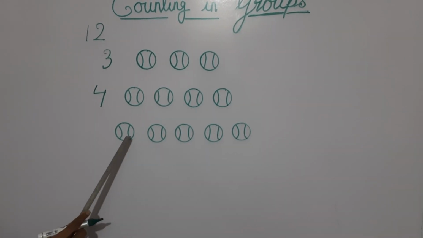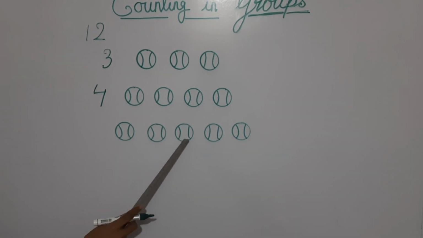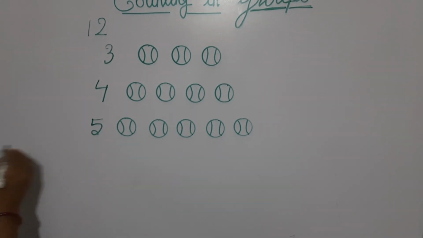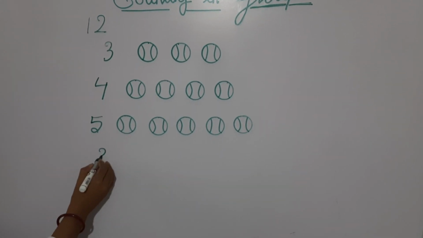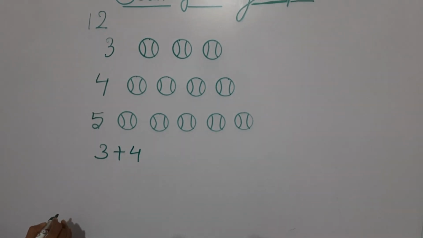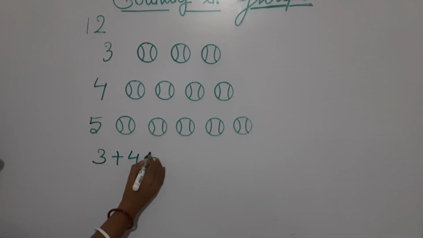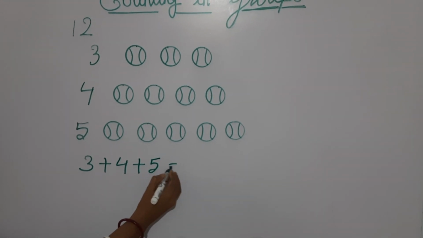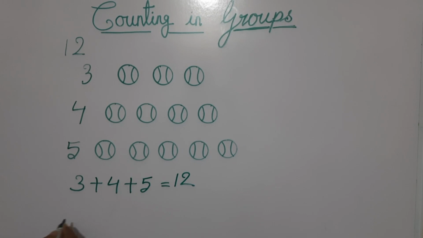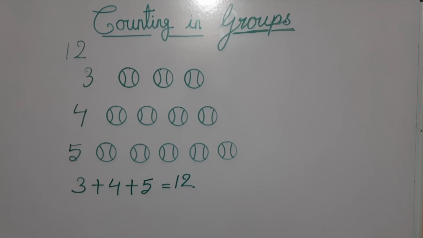Count with me. 1, 2, 3, 4, 5. Now we can add them. 3 plus 4, how much? 7. Very good. Plus 5, total 12. So there are a total of 12 balls.